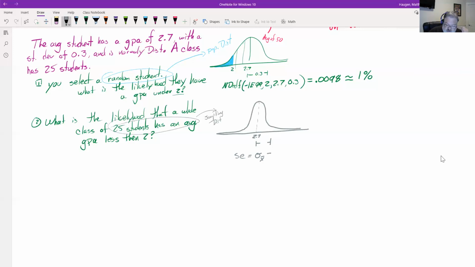So it's our original 0.3 divided by the square root of 25. We're back to having nice perfect squares. Which is, what, 0.06? Yes. Which is much smaller, tremendously smaller, by half an order of magnitude smaller.